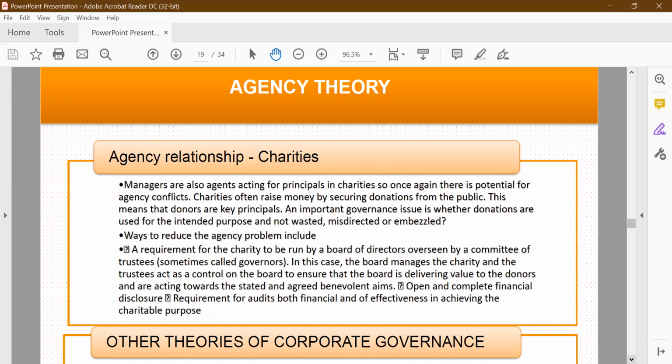In this case, the board manages the charity and the trustees act as a monitor or control on the board to ensure that the board is delivering value to the donors. So the first thing is a committee of trustees. Second is complete financial disclosure. And third is a requirement for the audit of the financials of the charity.